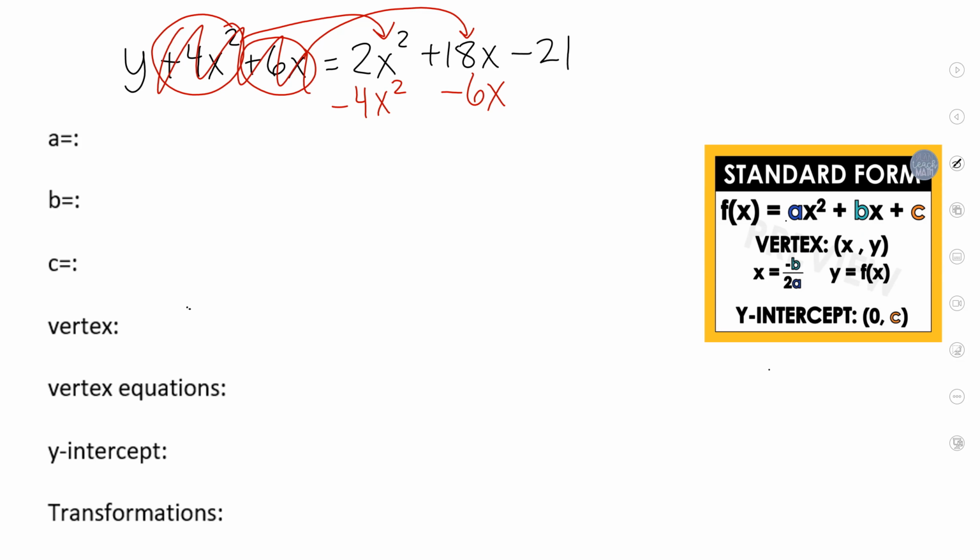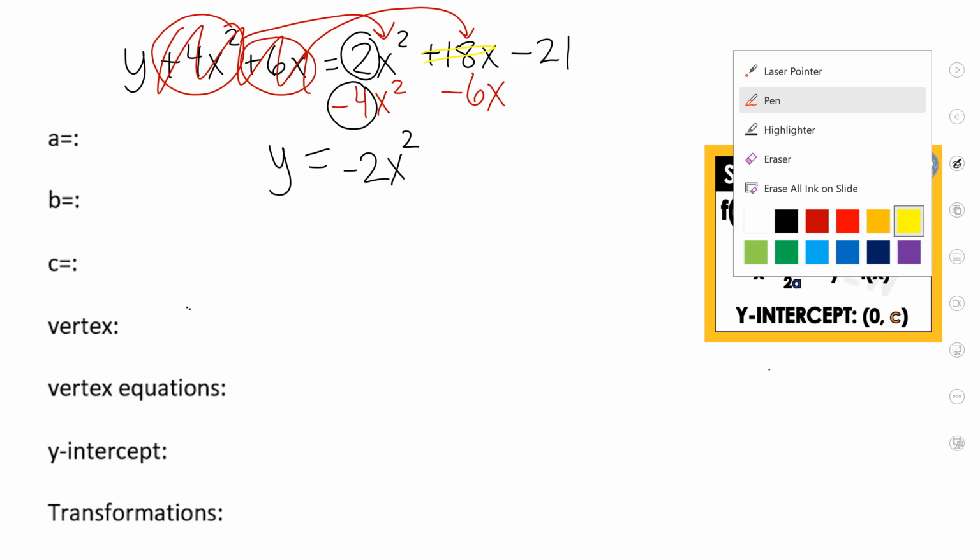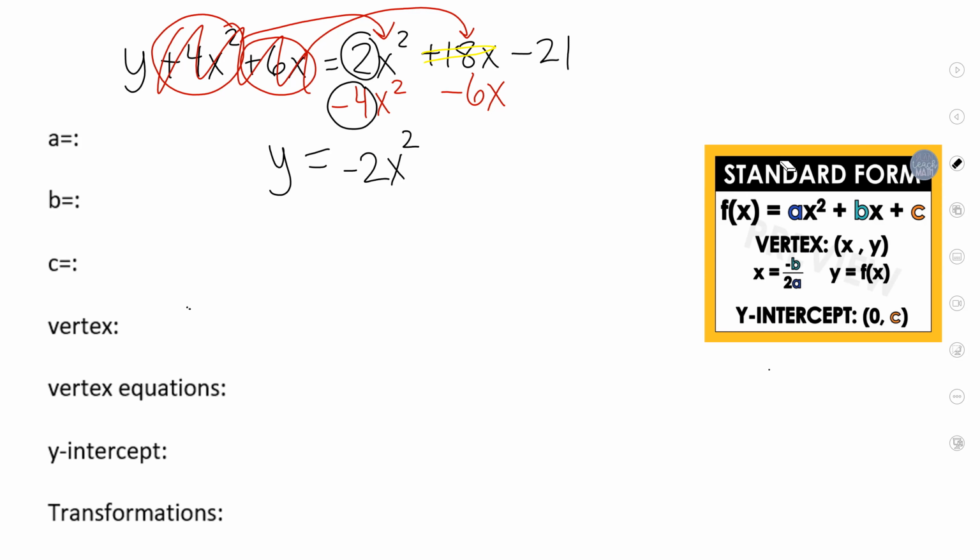I have y equals, now guys, what is 2 minus 4? Negative 2. So this becomes negative 2x squared. We're just combining like terms. Next. What is 18 minus 6?